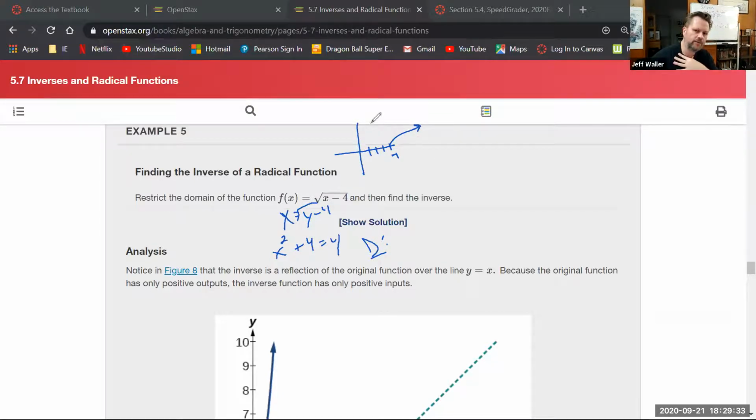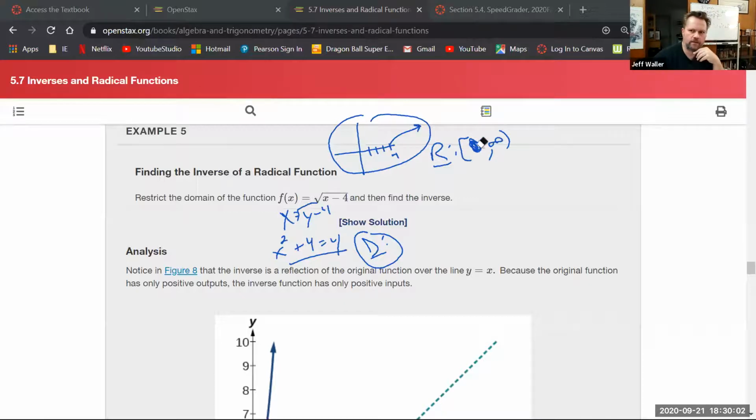What do I need to know about this guy that will tell me this guy's domain? His range. His range, exactly, because the range becomes the domain when you do the inverse. So what is this guy's range? Zero to infinity. Good. So then what's this guy's domain got to be? Zero to infinity. Exactly.